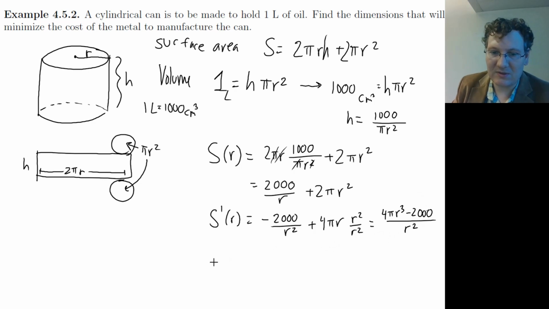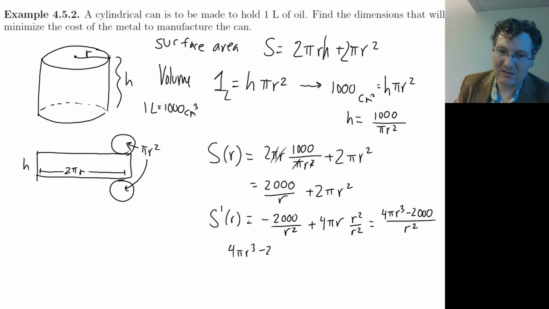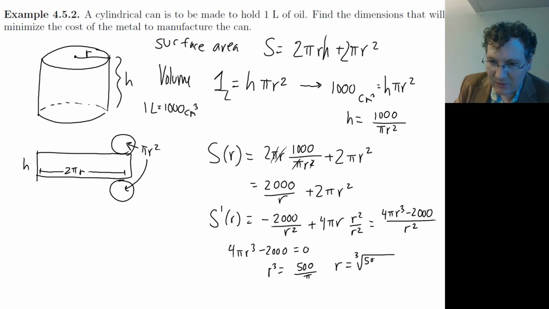Okay, if I set that equal to 0, that's going to be 0 only when the numerator is 0, right? When 4 pi r cubed minus 2,000 equals 0. Otherwise known as when r cubed is equal to 500 over pi. So that means r, the radius, is going to be the cube root of 500 over pi.